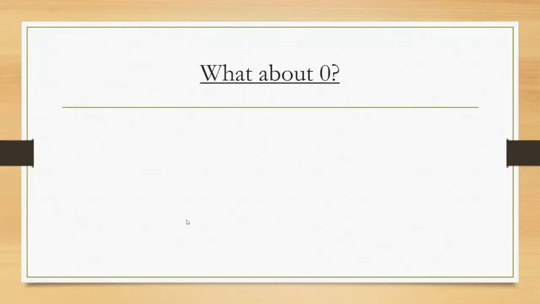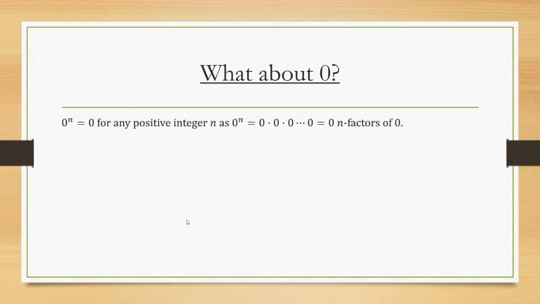Let me just say explicitly what happens when the base is 0. In particular, 0 to the n is just 0, if n is a positive integer. You should expect that because all you're doing is multiplying 0 by itself n times, and 0 times anything is 0. But again, what happens if the exponent were negative?